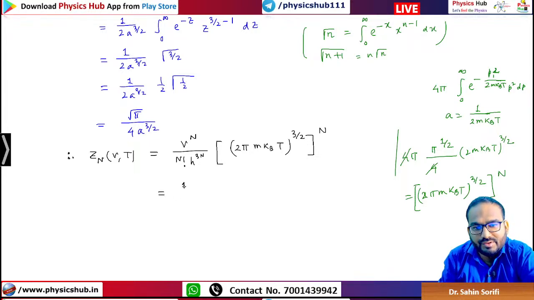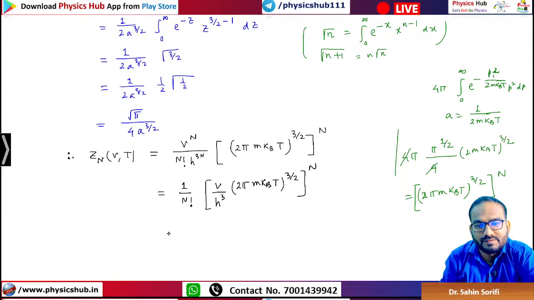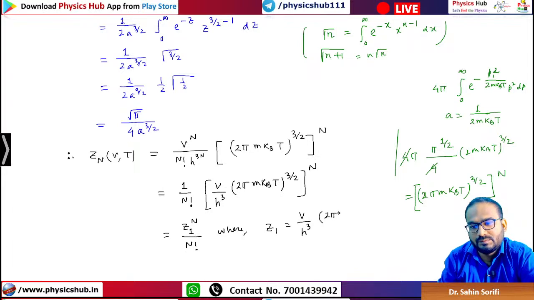Now you can do one thing, 1 by n factorial. If I write it as V by h cube, 2 pi m kT to the power 3 by 2, whole to the power n. So we can write Z1 to the power n divided by n factorial, where Z1 is equal to V by h cube, 2 pi m kT to the power 3 by 2.